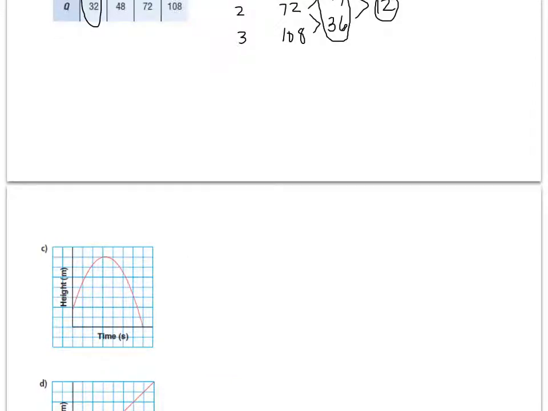In the next example, I have a curve which looks like a parabola, and it's asking me, is this a quadratic relationship? And since the curve is a parabola, I can say that this one represents a quadratic relationship.